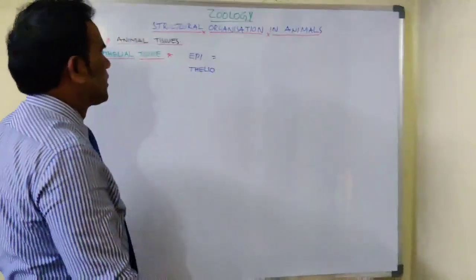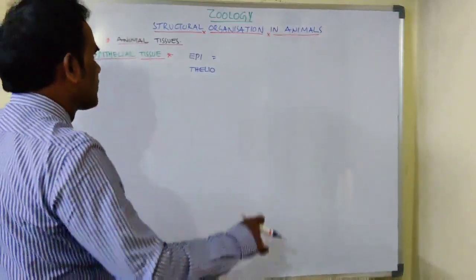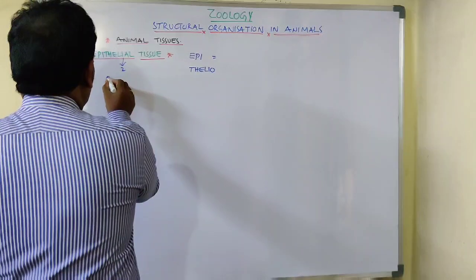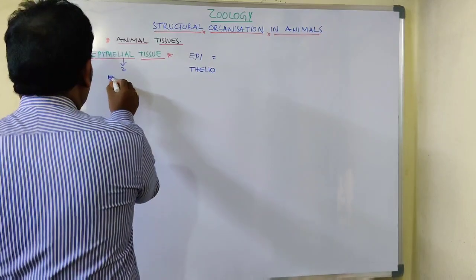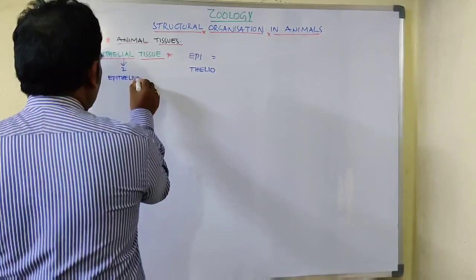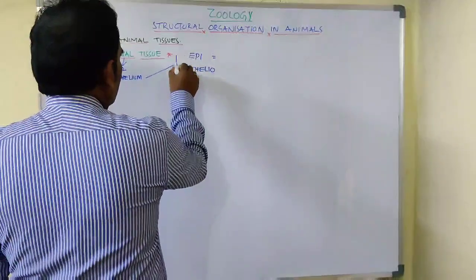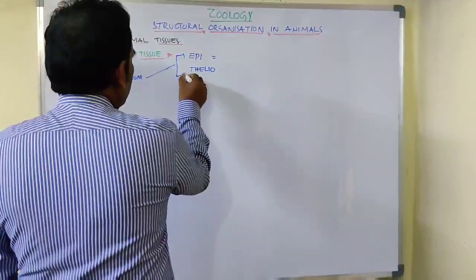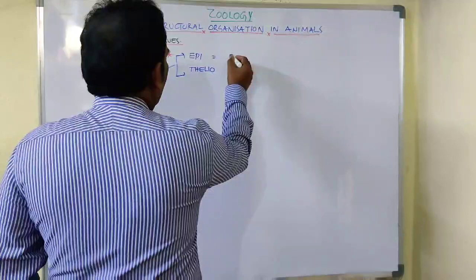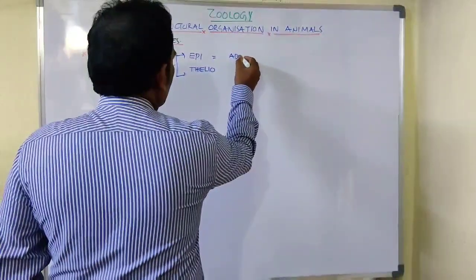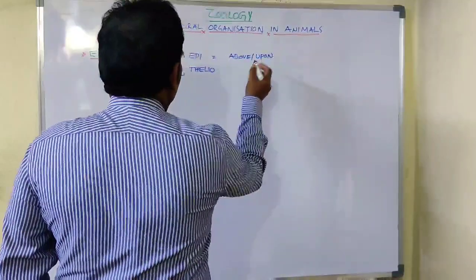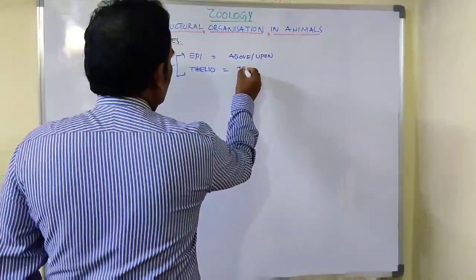The term epithelium is derived from the Greek language. It is derived from two words, epi and thelium. Epi means above or upon, and thelia means to grow.